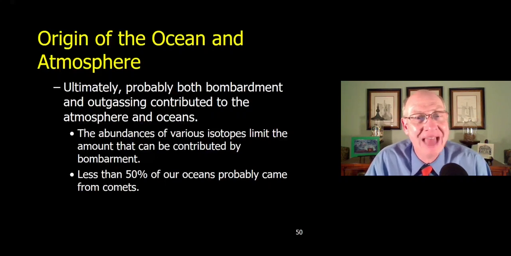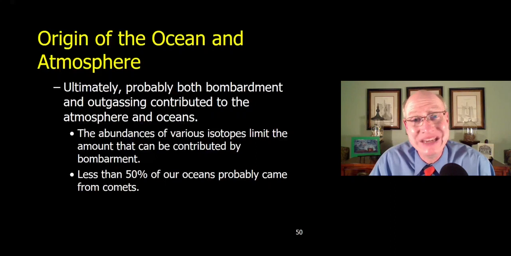And when we look at the ratios of deuterium to hydrogen on the Earth and in comets, it appears that probably less than 50% of the Earth's oceans came from comets. If more than 50% of the Earth's oceans had come from comets, the ratio of deuterium to hydrogen would be different in our oceans. It would be a better match to comets, and it is not. So it is likely that most of the oceans came from volcanic eruptions.